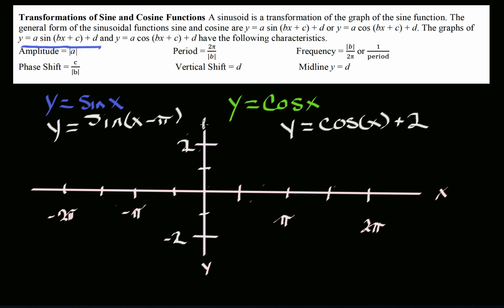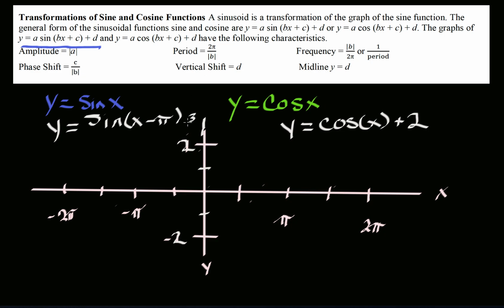So let's extend this a little bit and go to 3. And I would start my wave here. Now this is not quite what we want to look at, right?